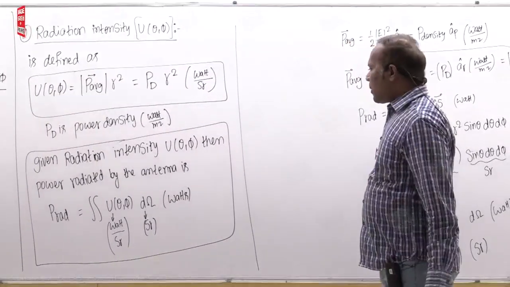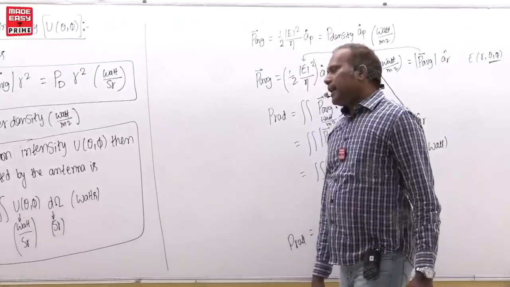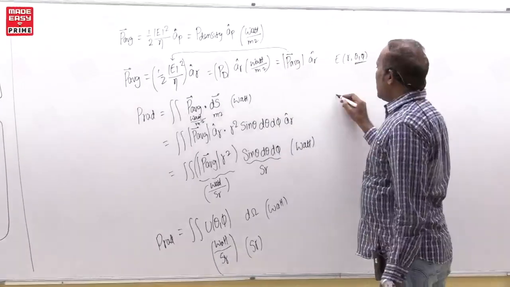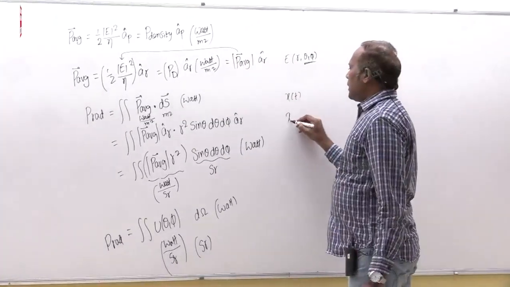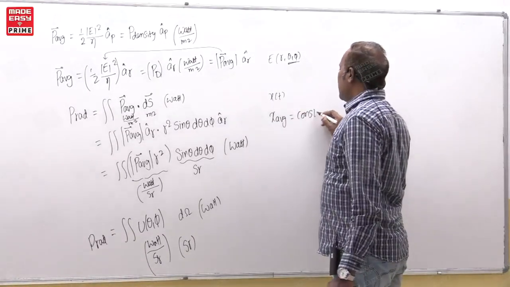Okay. Next, one more formula. The average radiation intensity formula is required. For that, you have to apply your common sense, like network theory or signals and systems. Every student knows that if x(t) is some function, then its average value is always constant.